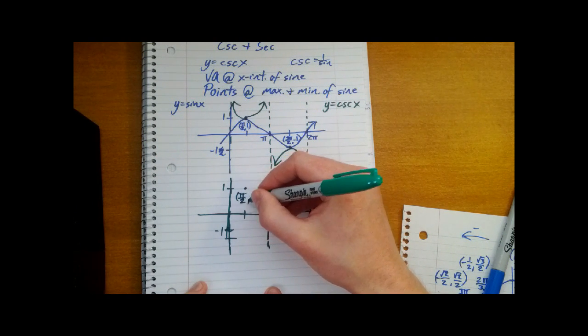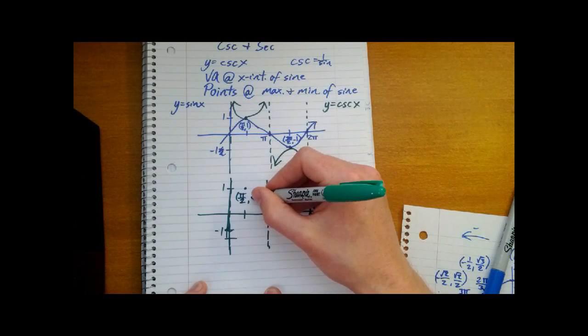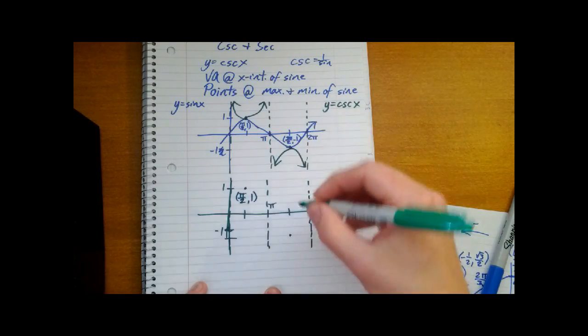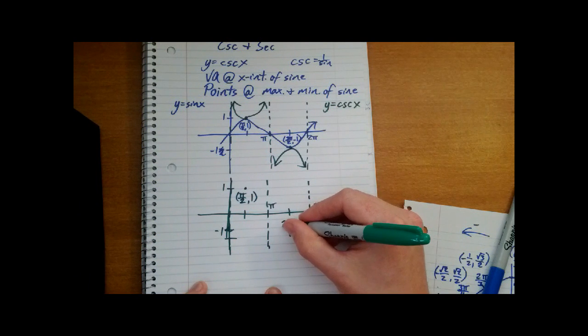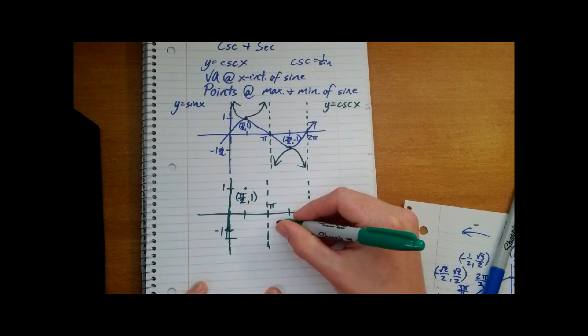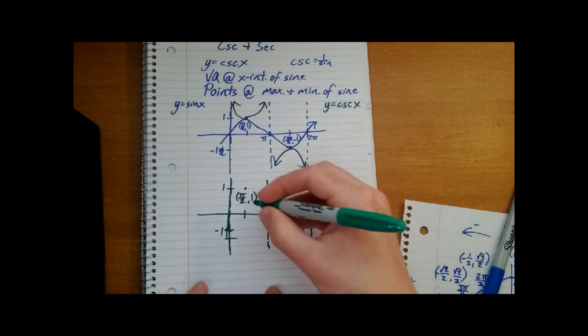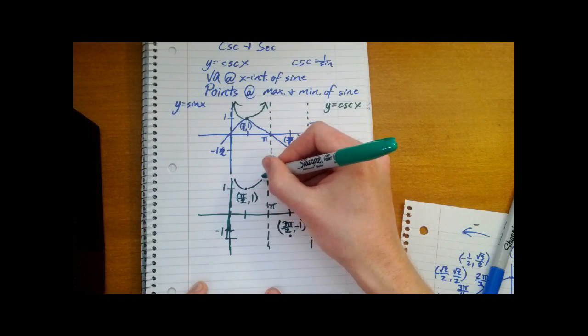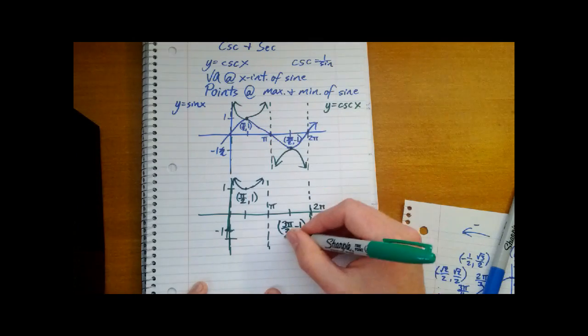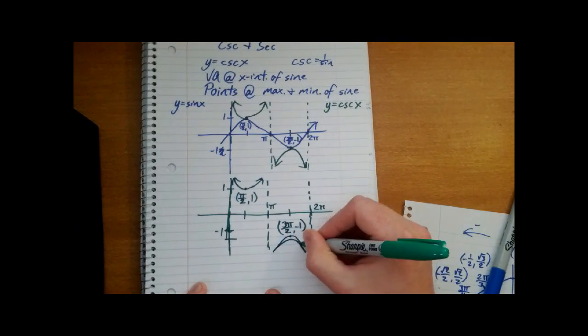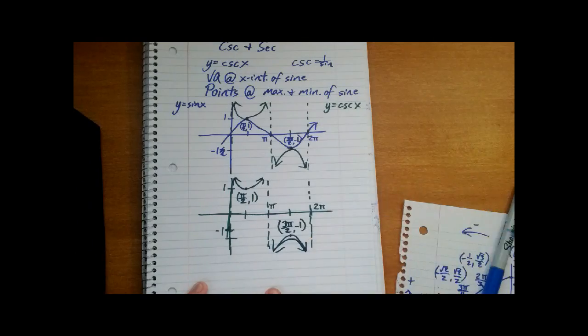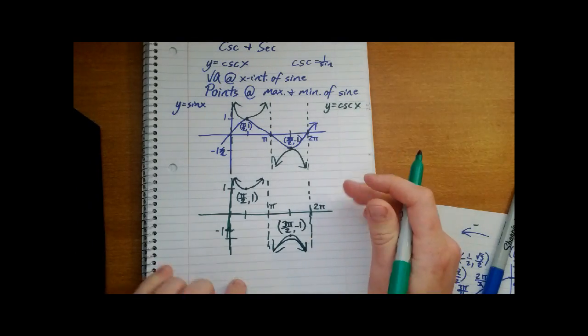So we have pi over 2 as this x coordinate, and 1 is the y coordinate. This is 3 pi over 2, and negative 1. So we have a graph of part of cosecant.